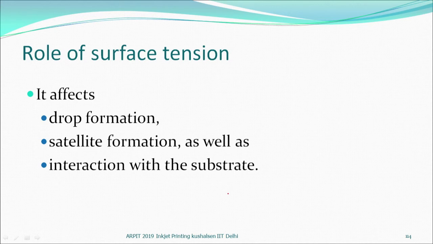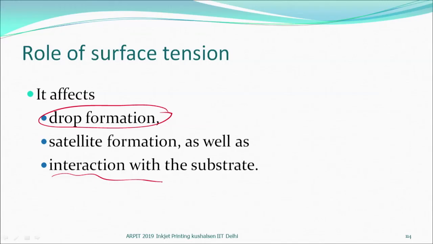The surface tension obviously allows drop formation, because higher is the surface tension, immediately spherical systems will win. But that also means that if the satellite drops are generated, they also like to go into spherical shapes, and so one will have to balance this.